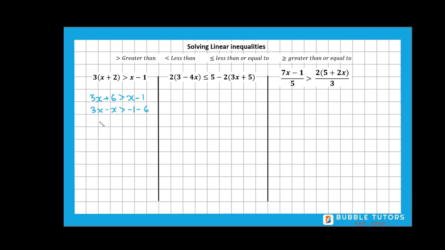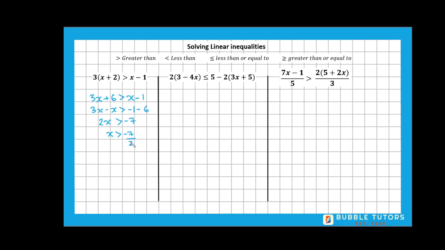And then we just simplify. So we have 2x is more than minus 7. And then x is therefore more than, and because it's times by x, we bring it over, it's divide. So we have minus 7 over 2, which is minus 3.5.